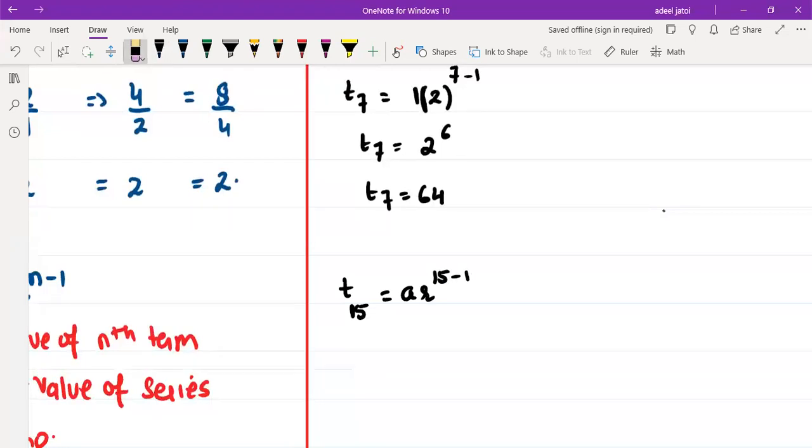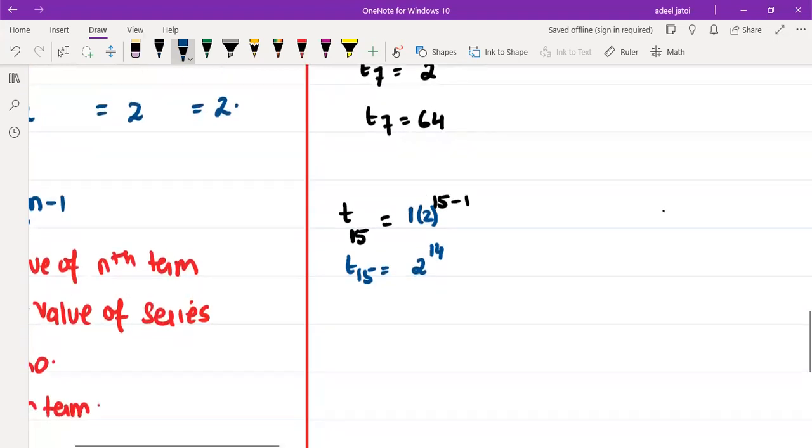And you can always substitute the first value, which was obviously 1, and the value of R was 2. So can we say term 15 is equal to 2 to the power 14? And 2 to the power 14 is 16384. So the value of the 15th term in the geometric progression is 16384.